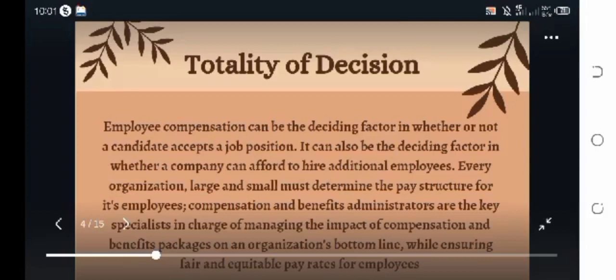Also, they come up with a good pay program, they keep an eye on industry rules, and they try to find a balance between attracting good employees and paying them well.